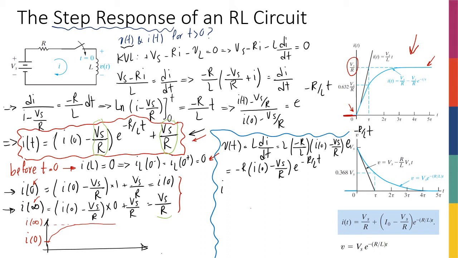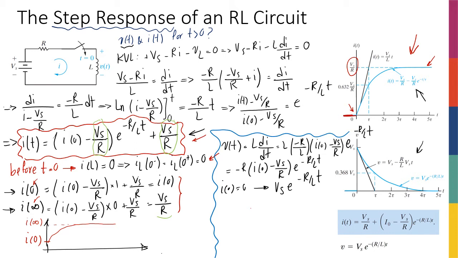Since I at 0 is 0, negative R and negative R cancel. You just get Vs e to the negative R over L times t. So the current is actually an increasing exponential, and the voltage of the inductor is a decaying exponential.